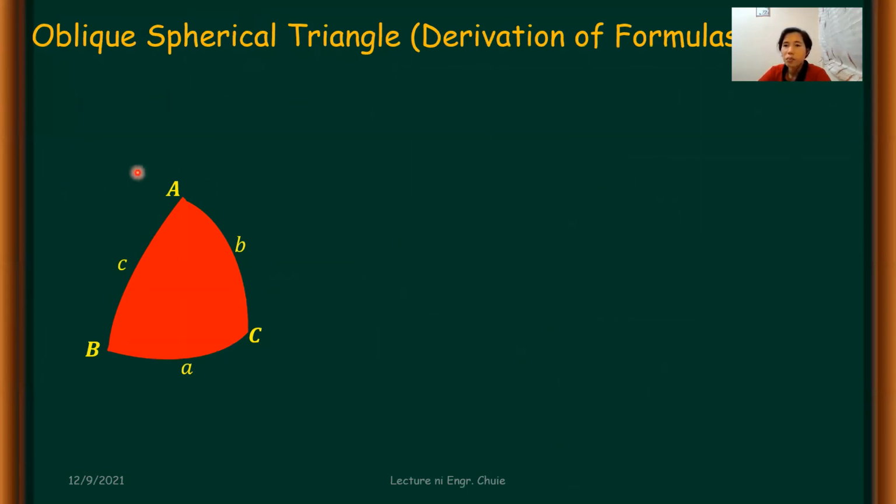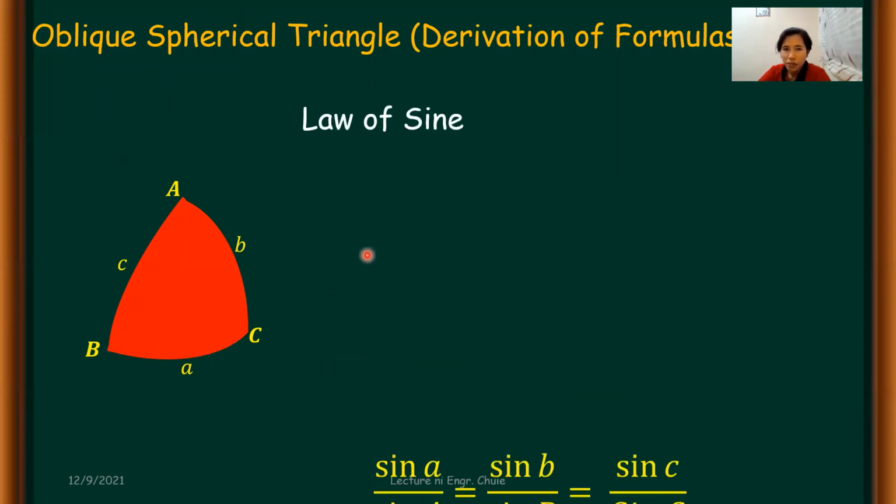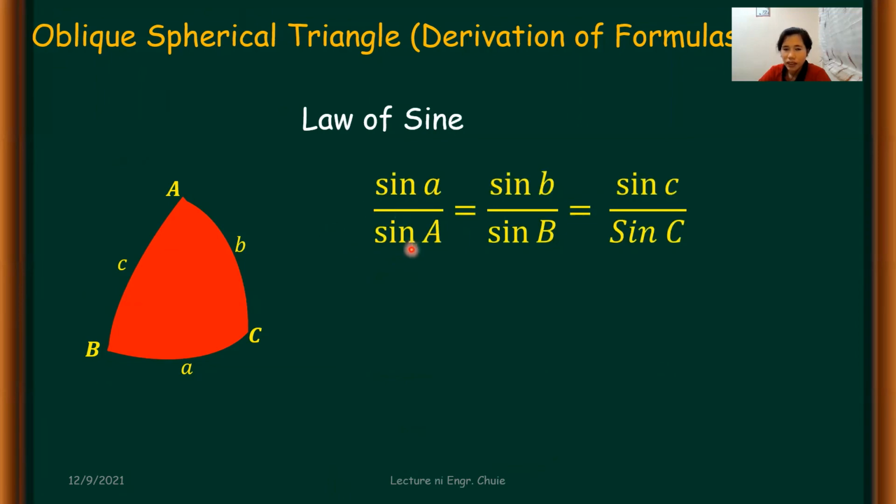For the oblique triangle, let's say there is no 90 degree angle. For the law of sine, we have sine A over sine A, where the capital A is the angle opposite to side A, then sine B over sine B, B is the angle opposite to side B, and sine C over sine C, C is the angle opposite to side C. Take note, we have sine A here because our A is in terms of angle, in longitude.